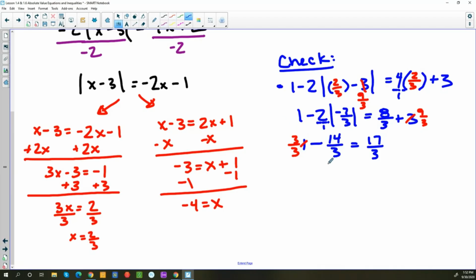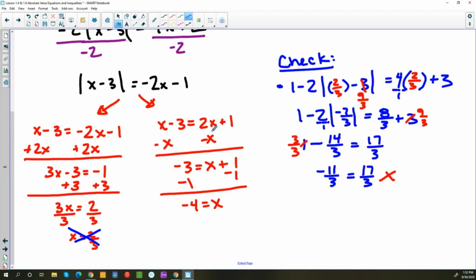So 3/3 minus 14/3, that's going to get us negative 11/3 is equal to 17/3. That is not true. So that means that because of our check, 2/3 is not an answer. So we call this an extraneous solution. So 2/3 is an extraneous solution.